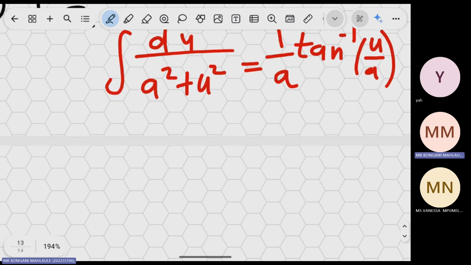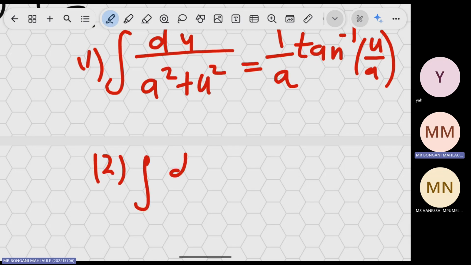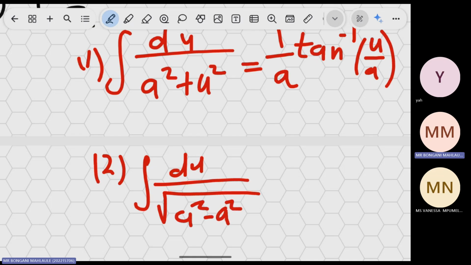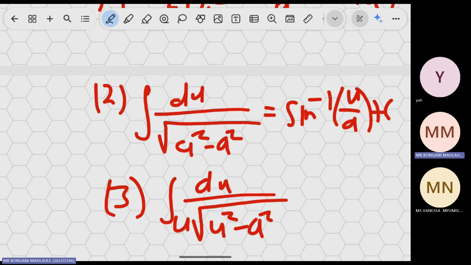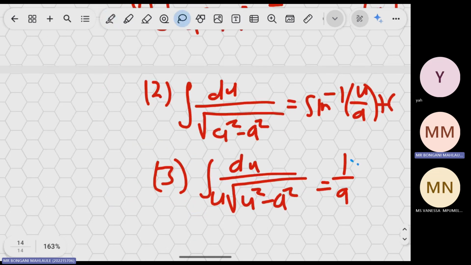Then the second one, when you have the integral of du over the root of a squared minus u squared, this is equal to the arcsin of u over a plus c. The integral of du over u root of u squared minus a squared will be 1 over a, the arcsec of u over a plus c.